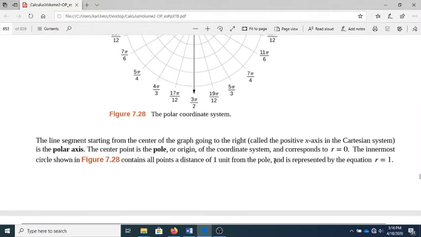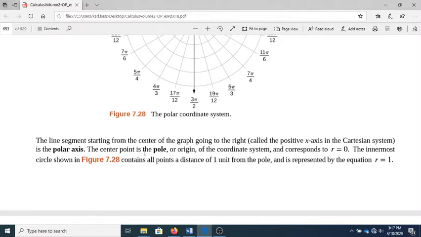The center point, or the origin, is the pole. In polar coordinates, we think of the origin as being kind of like a pole that we're swinging around as we plot points. That's the source of the name polar coordinates. It's really similar to the idea of Earth's pole.